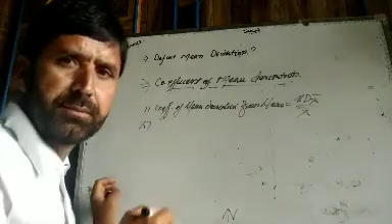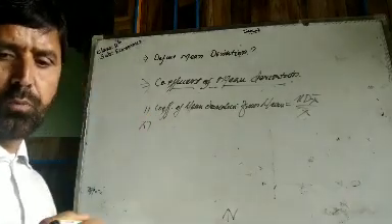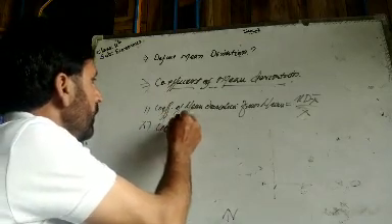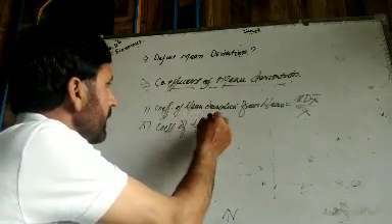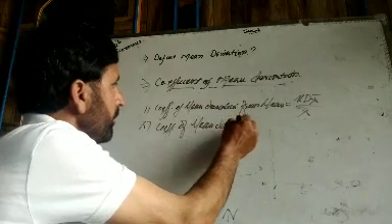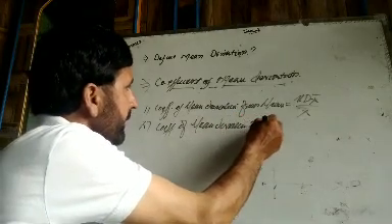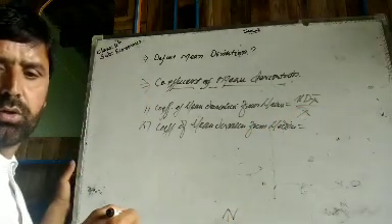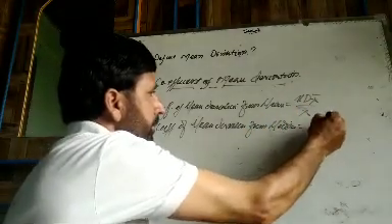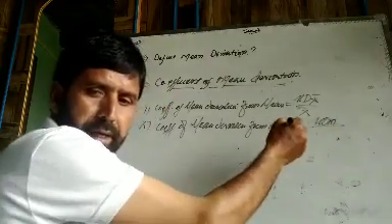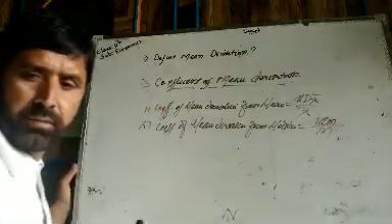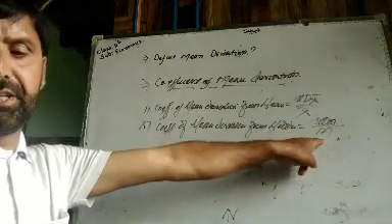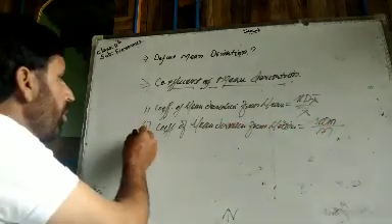Number two, coefficient of mean deviation from median is equal to MD_M upon M, that is mean deviation from median upon median.